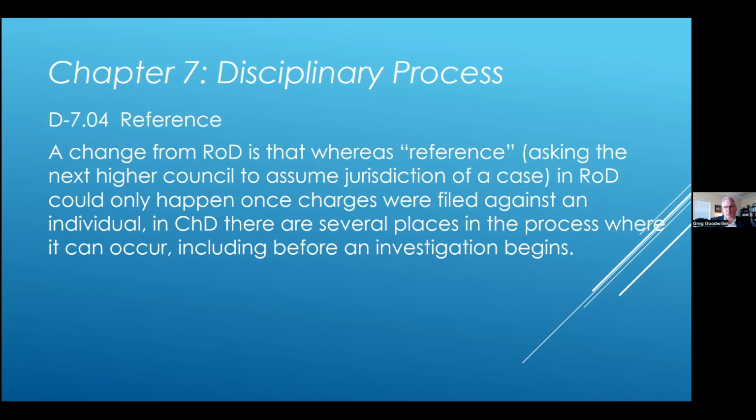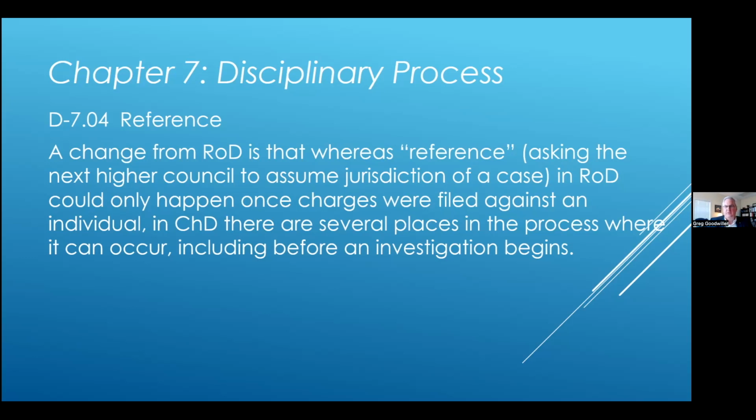Or it can form an investigating committee, and then the investigating committee can determine that it is unable to do the investigation and request a reference. Or you can wait and do it in the old way that was in the rules of discipline, which is get the investigation done, and if charges are to be filed, then ask the presbytery to take it for the purpose of the trial. So there are now multiple times that it can happen. And that is a change from rules of discipline. Questions about that?